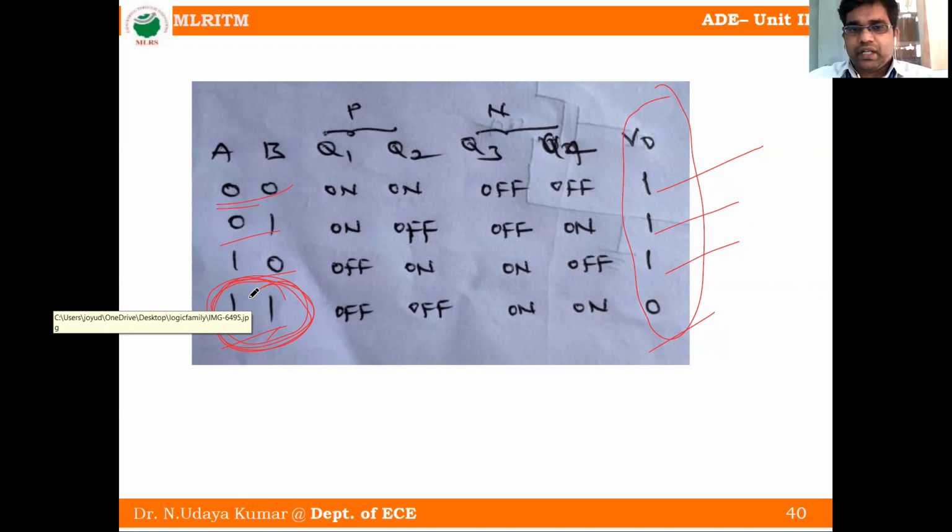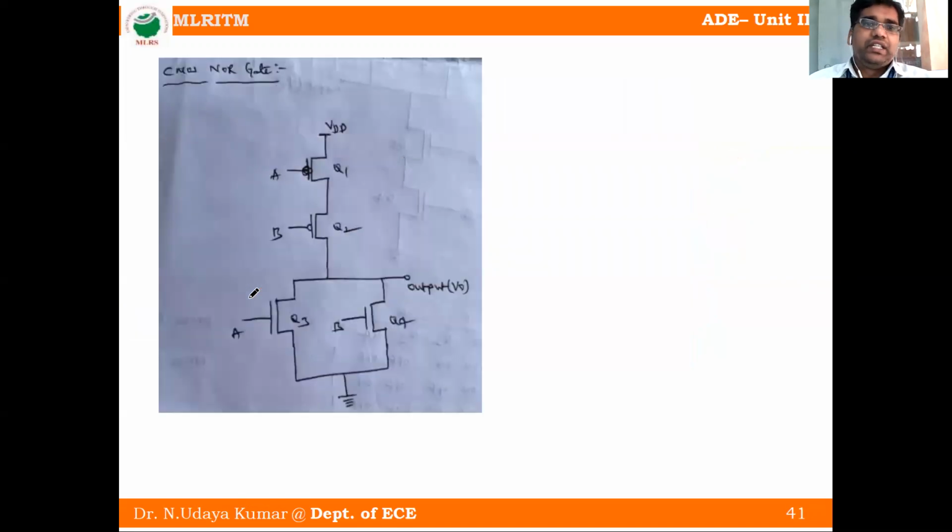Okay. Next, we will see the CMOS NOR gate. So in the CMOS NOR gate, this upper portion we call PMOS. The lower portion we call NMOS.